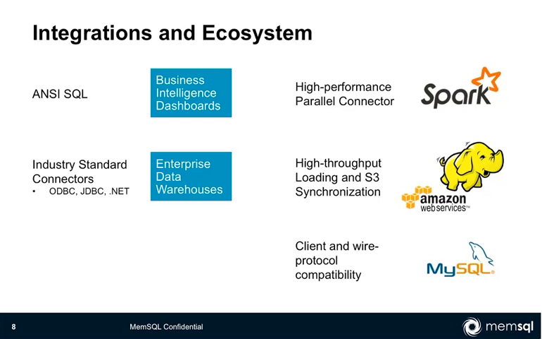We also in December open sourced a tool called the MemSQL Loader, which allows for direct ingest from things like the Hadoop distributed file system, as well as synchronizing with storage buckets like those from Amazon Web Services S3. And we've also made the MemSQL database client and wire protocol compatible with MySQL. So for the wide base of deployments of MySQL out there, in cases where there isn't enough performance or scale, moving to MemSQL becomes a fairly painless process.